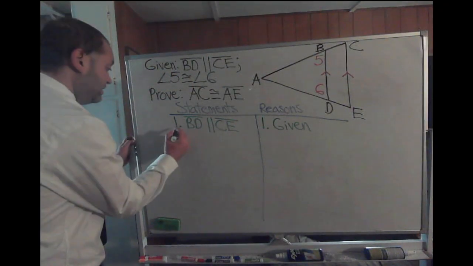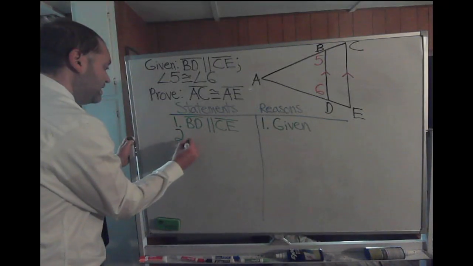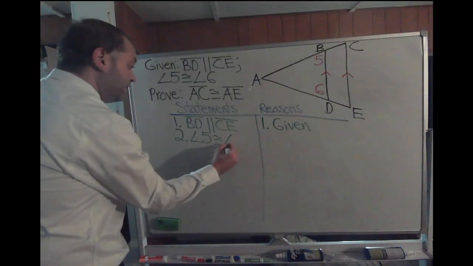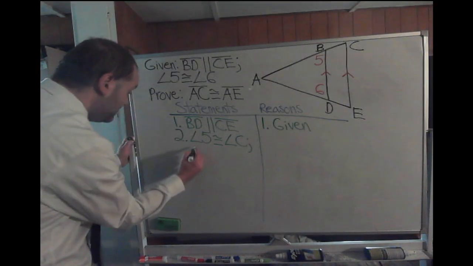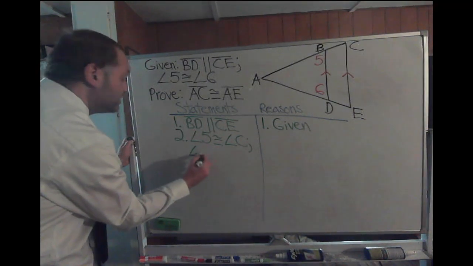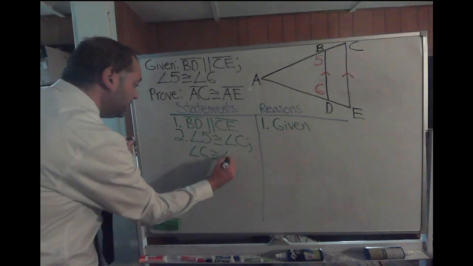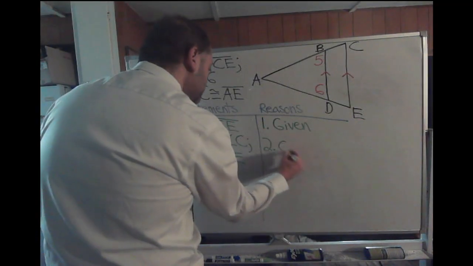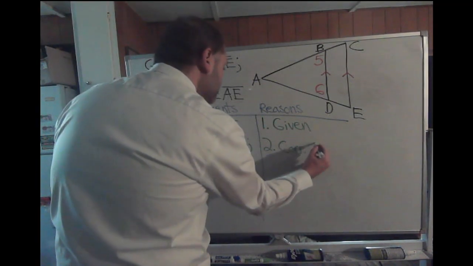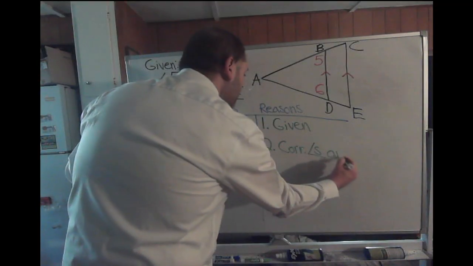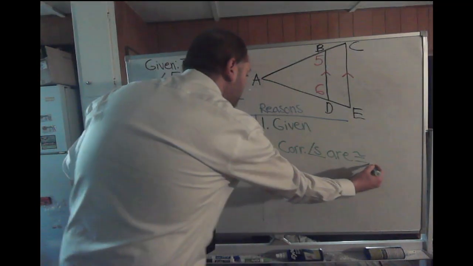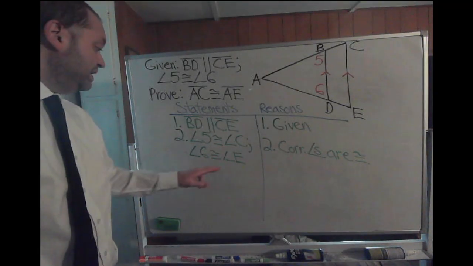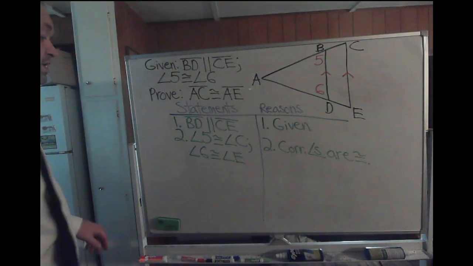That's going to mean that angle 5 is congruent to angle C, and that angle 6 is congruent to angle E by the fact that corresponding angles are congruent. So those are corresponding angles. So by the fact that corresponding angles are congruent, we can conclude that angle 5 is congruent to angle C and angle 6 is congruent to angle E.